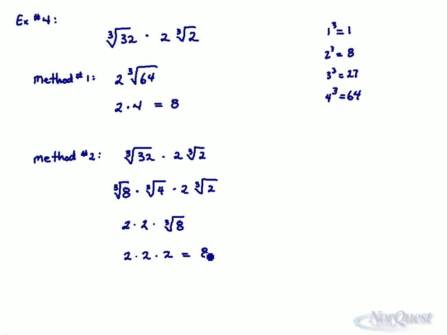All right, let's go to example number 5. We start to get to some harder ones. Let's start looking at some dividing. We have 12 root 75 over 4 root 3.